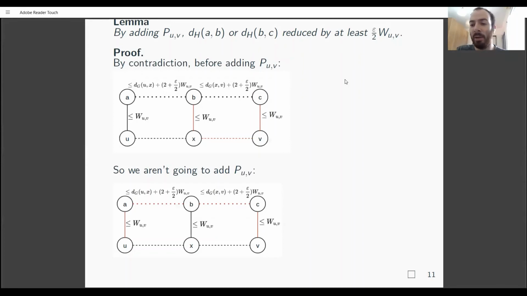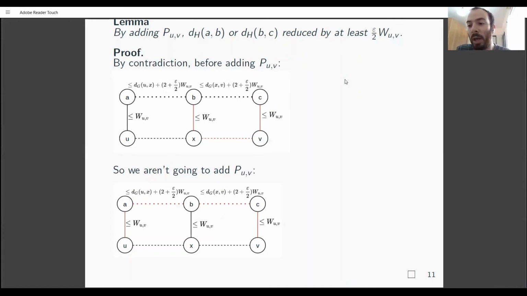Now, if the lemma is false, then before adding P_UV, the distance between B and C must be at most d_G(V,X) plus 2 W_UV plus 2 epsilon over 2 W_UV. This is exactly what the lemma claims.